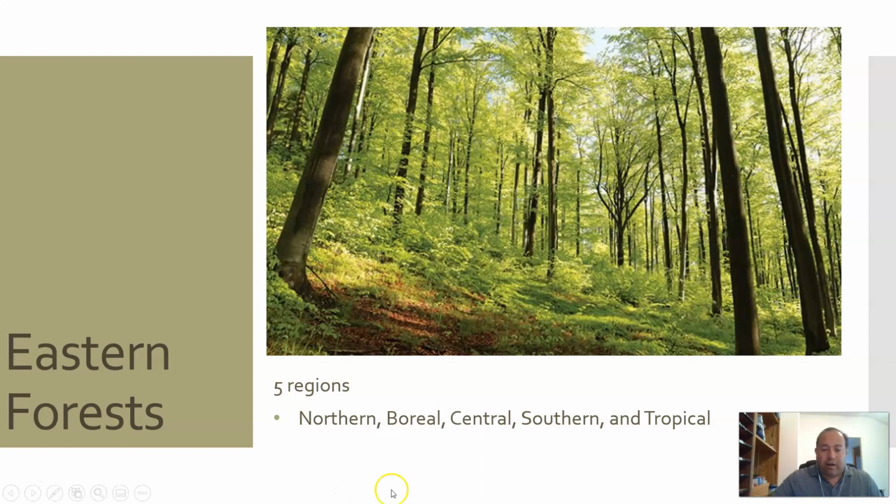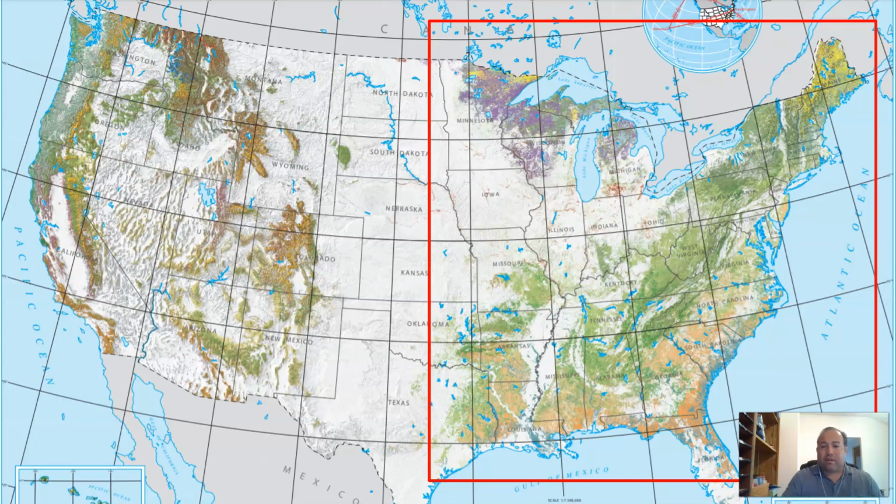We are going to focus on the northern forest, the central forest, the southern forest, and within the southern forest, we're also going to have the bottomland forest. So that's what we're going to focus on in terms of the eastern forest. These are the areas that we're going to be focusing on.